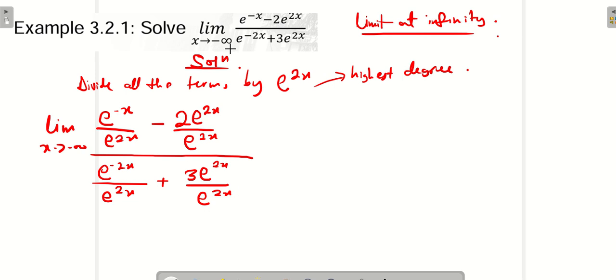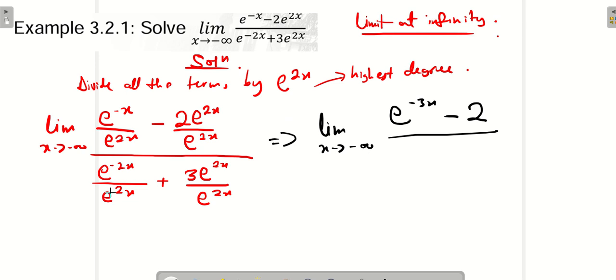Now let's simplify that. This implies that we are going to have the limit as x is approaching negative infinity of the following. Now we are applying the laws of indices. Because it is dividing, all the exponents will subtract. So here becomes e to the power negative x minus 2x, which is negative 3x, then minus 2 as a constant, because e to the power 2x cancels.